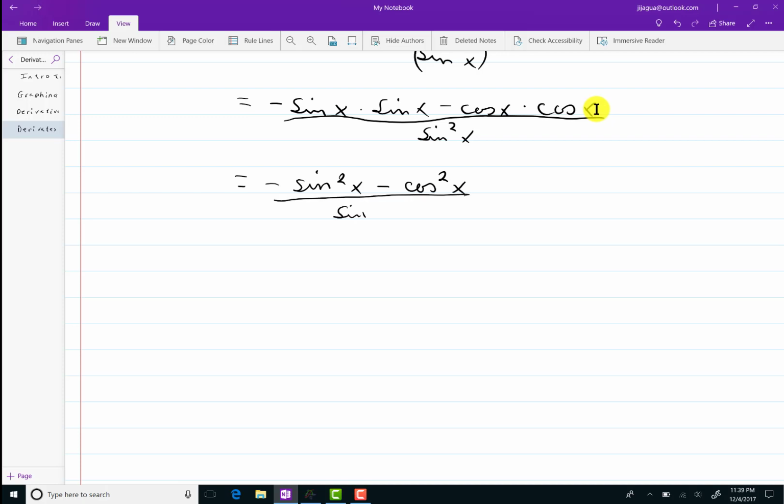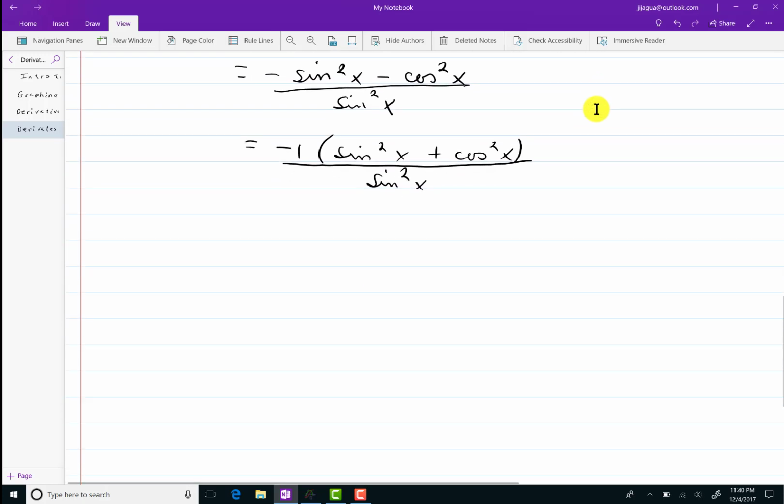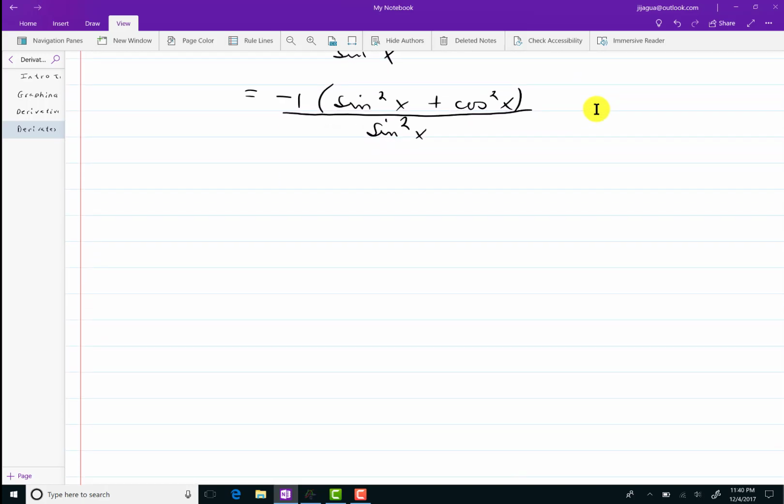divided by sine squared of x. I'm going to factor a negative 1 out of the numerator. What's left is sine squared x plus cosine squared x. All of this is divided by sine squared of x. Well, the sine squared of x plus cosine squared of x, even if you didn't understand your trig, you know that that thing equals 1.